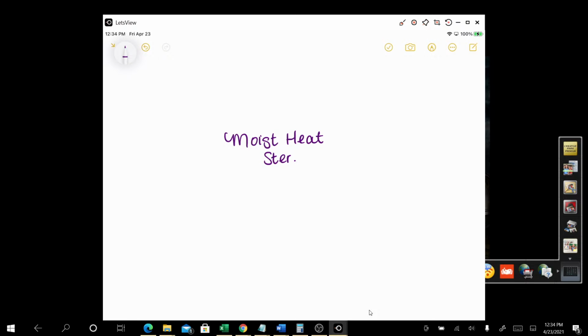It's easier and faster. So with moist heat sterilization, you're going to need to know, one, that it involves boiling. Two, that it involves autoclaving. And that some viruses are destroyed.